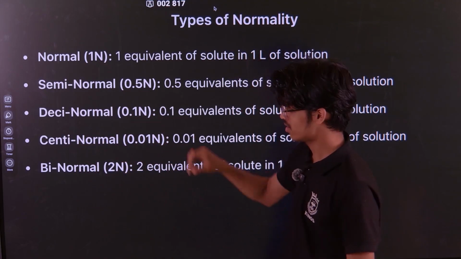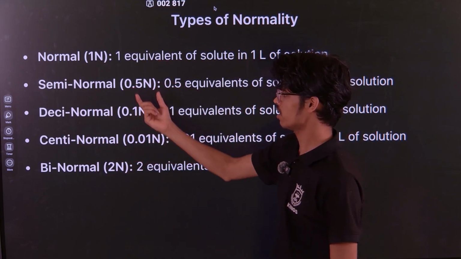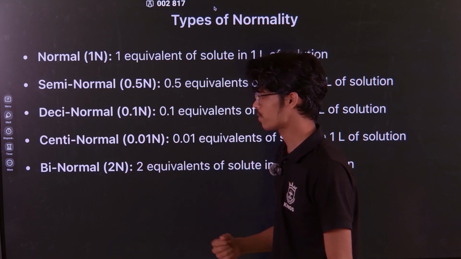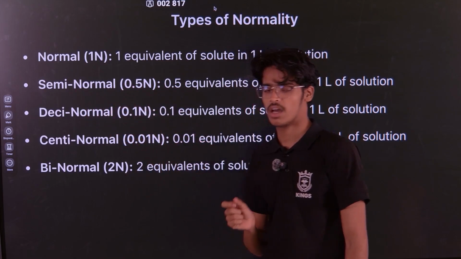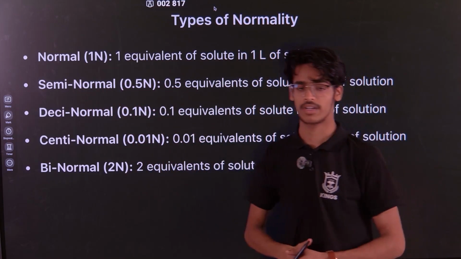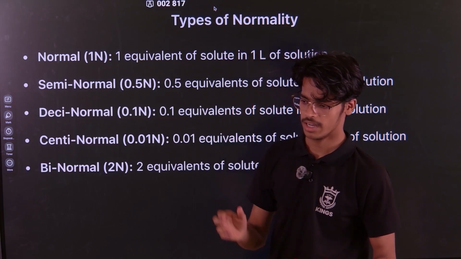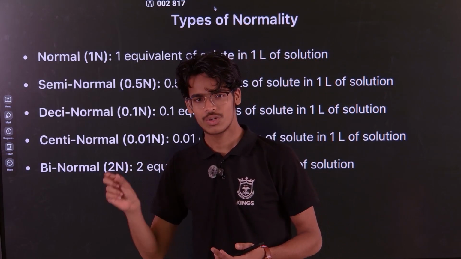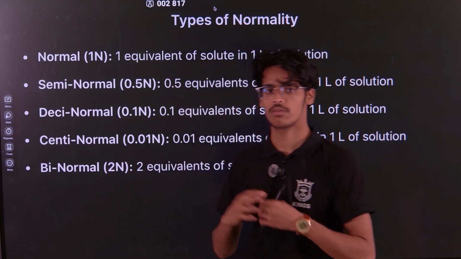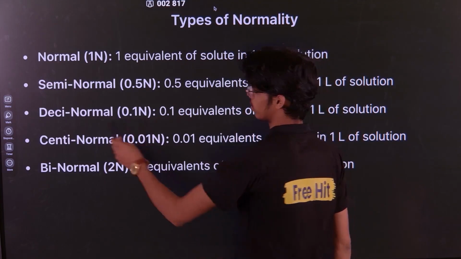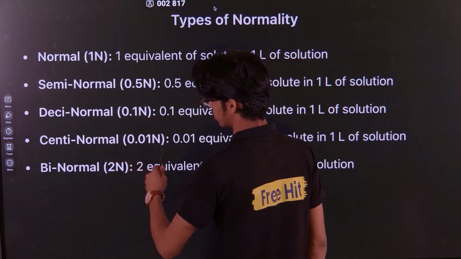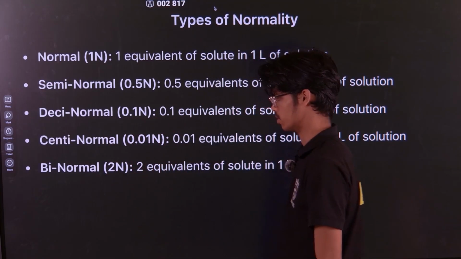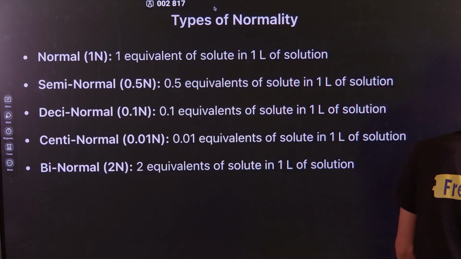This is just a way to represent particular types of normalities. Semi normal represents a 0.5 normal solution. What does 0.5 mean? It means 0.5 equivalent moles per unit volume of the solution. Same way decinormal is 0.1, centinormal is 0.01, and binormal is 2 normal. There is nothing much to study in this.